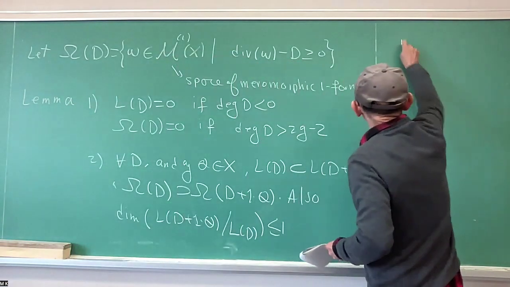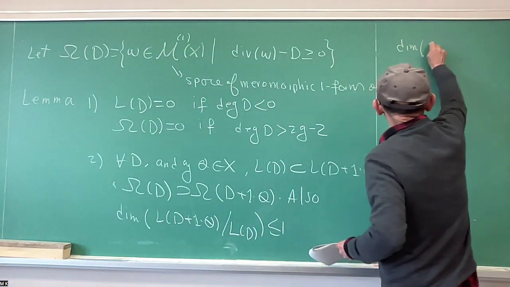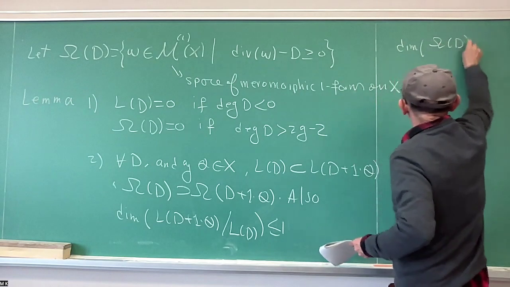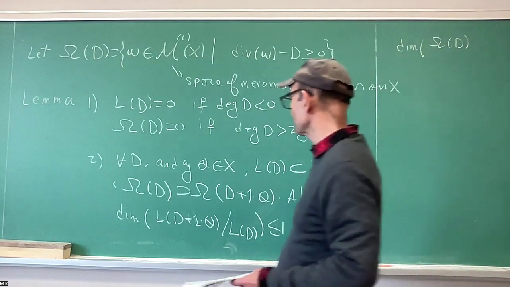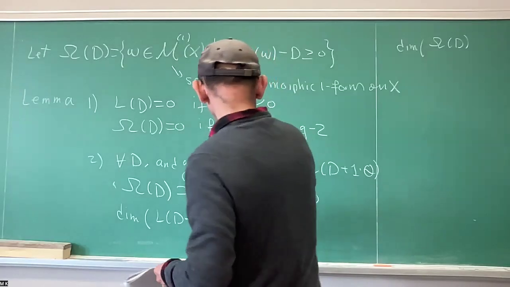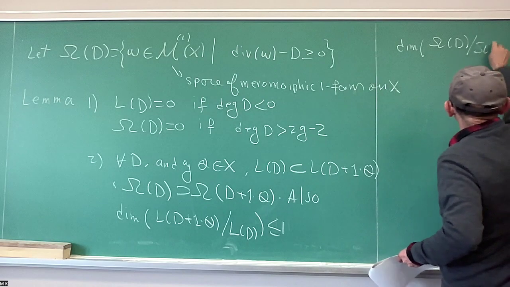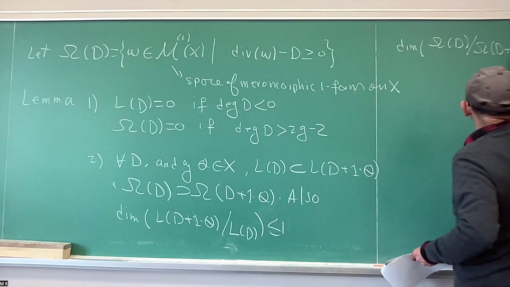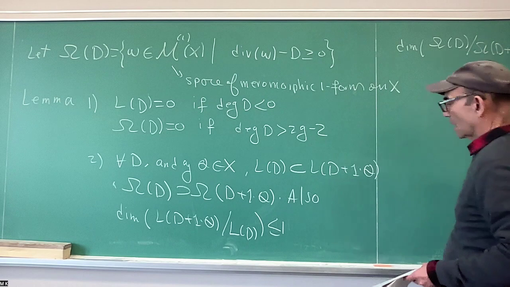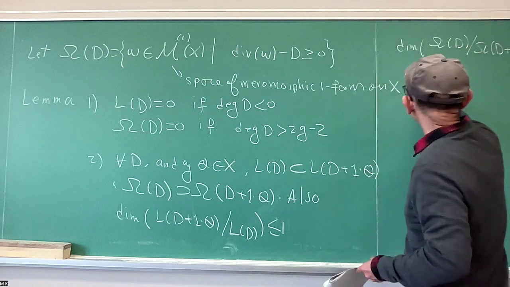And the dimension of omega of D by omega of D plus 1Q is also less than or equal to 1.